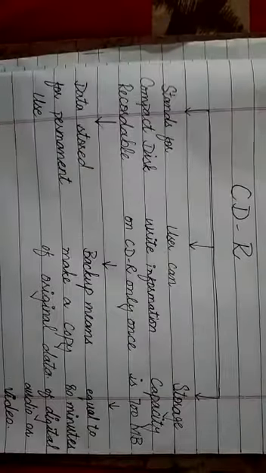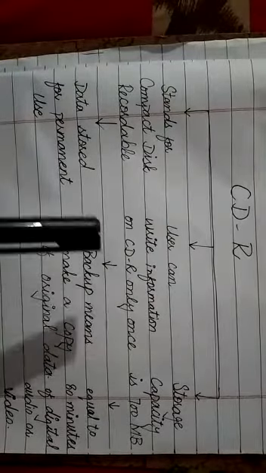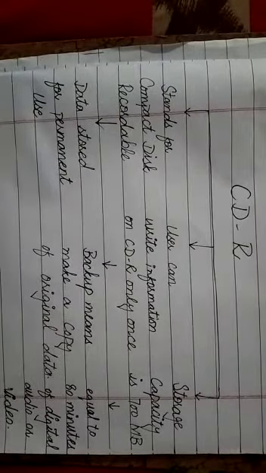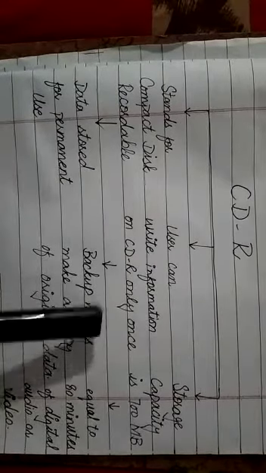Okay students, today we have discussed CDR and CDRW. What is the difference between CDR and CDRW? I have told you that CDR stands for compact disc recordable, and a user can write information on CDR only once. If that information or data is written one time, then the user cannot erase or change it.